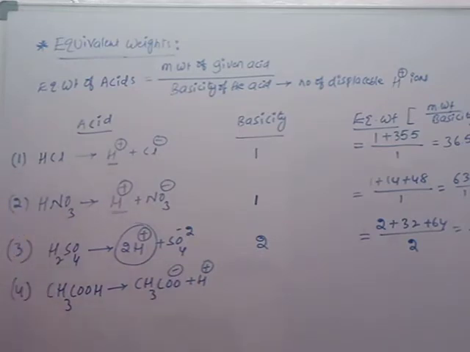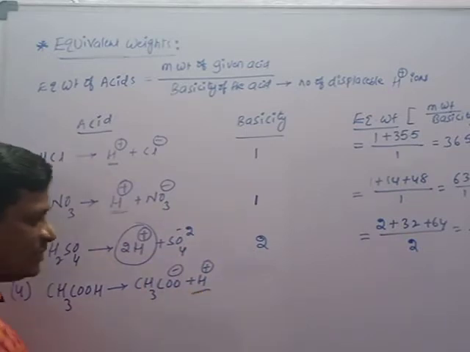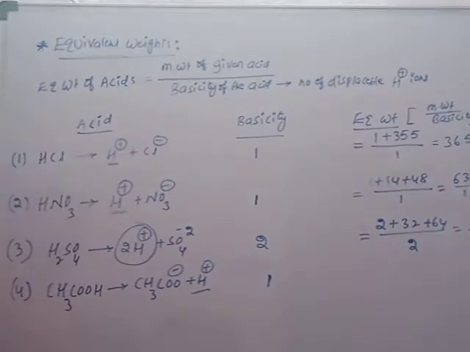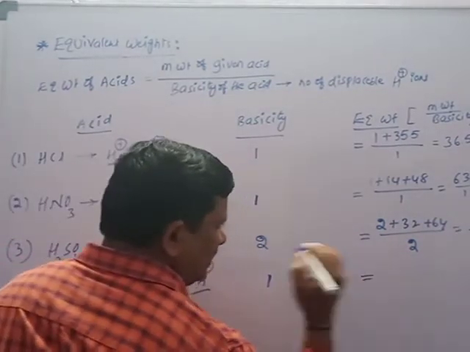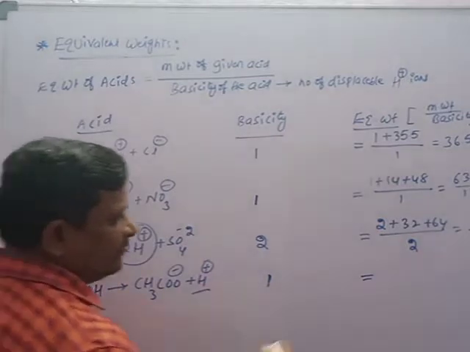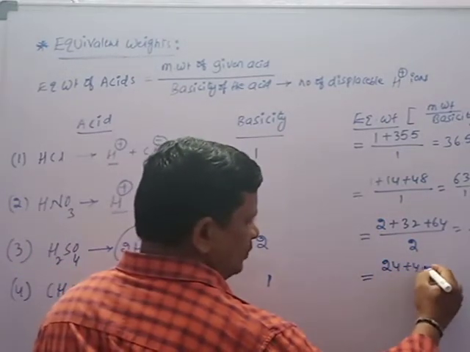In this, the number of displaceable H plus ions is 1, so this acid's basicity is 1. Equivalent weight equals molecular weight by basicity. How much is the molecular weight of acetic acid? The number of carbons is 2, so it is 24. The number of hydrogens is 4.